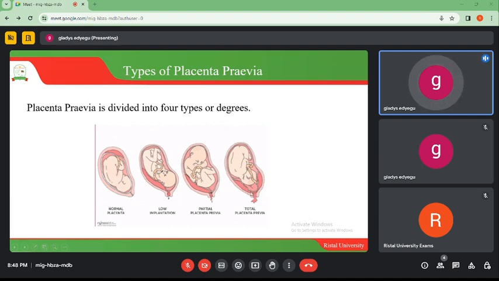When it tries to dilate, it will bleed profusely and we can easily lose this mother together with the baby. And besides that, we shall not be able to deliver this baby because it has obstructed the passage for this baby. So this one is called total placenta previa because it has covered the entire cervix.